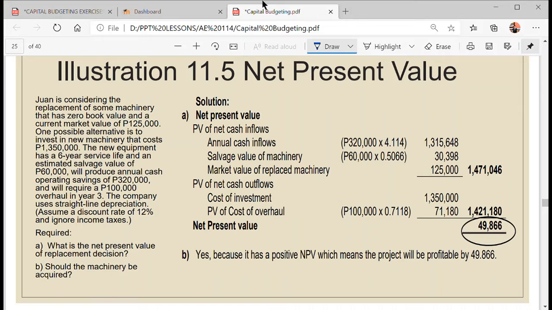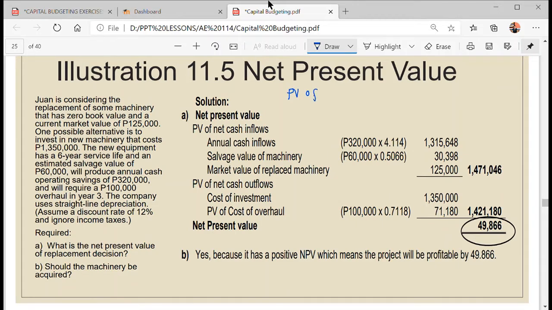So since I have mentioned earlier that for simplicity and for convenience, I will be providing the present value factor. Pero para naamoy idea unsay gamiton nga present value nga factor, kani siya. Mogamit tag present value of 1 at 12% for 3 periods.